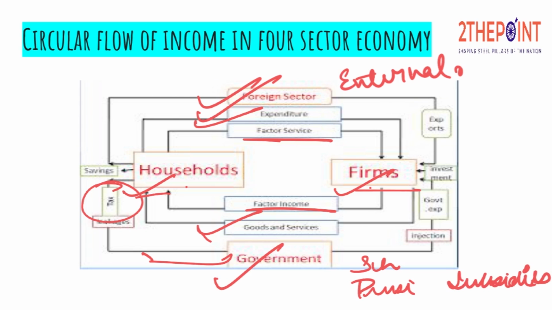Now the new sector which has been added over here is the foreign sector. The firms in the country export to the other world, and at the same time we import from them as well.